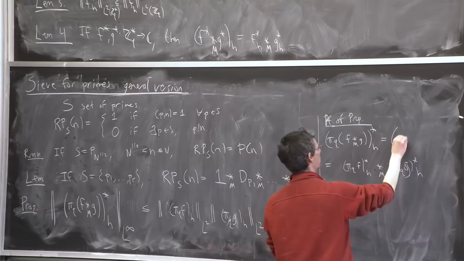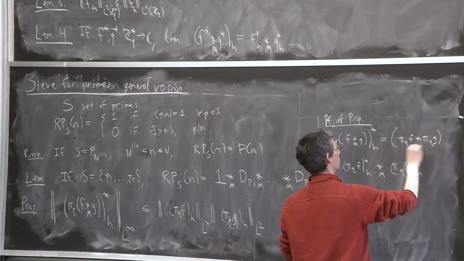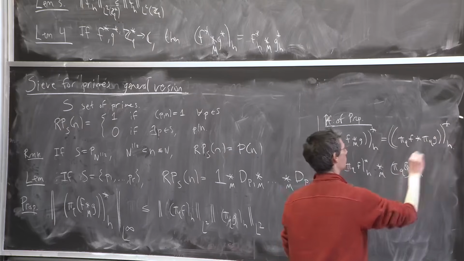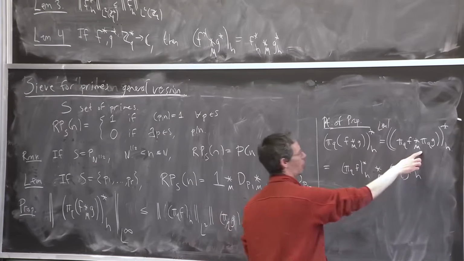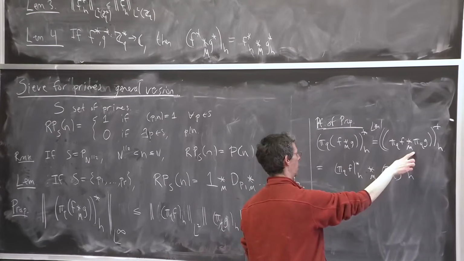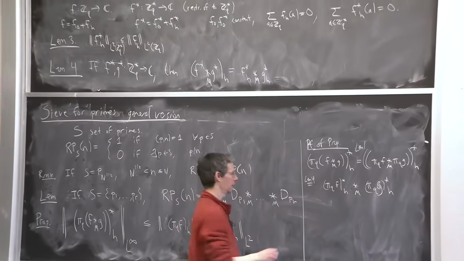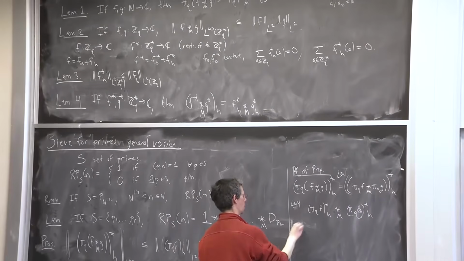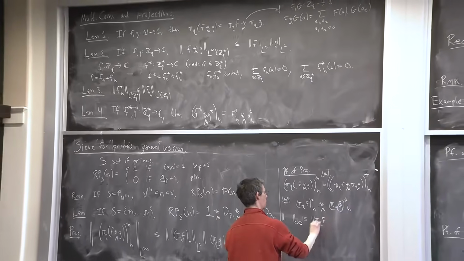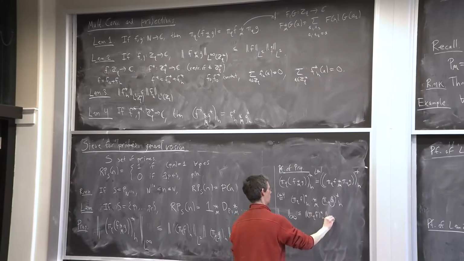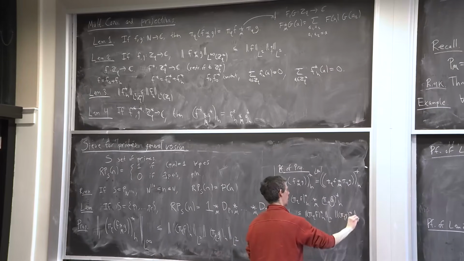So this is pi q of f convolved with pi q of g restricted to star high. So that's lemma 1. Convolution plays well with projections. And then lemma 4 says that that's that. And so now the L infinity norm is bounded by pi q of f star high L2, pi q of g star high L2.